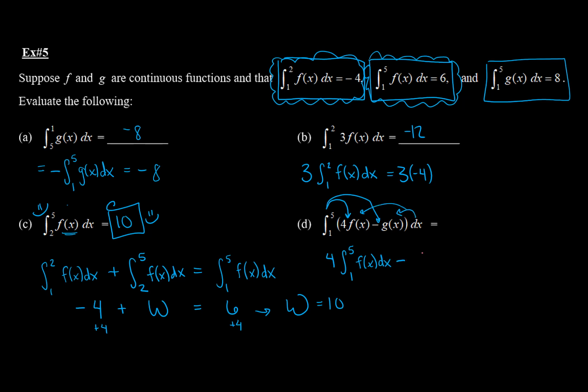I'm going to minus the integral from 1 to 5 of g of x dx. And then I'm just going to plug those values in. So 4 times the integral of f of x from 1 to 5 is going to be 4 times 6 minus, and then this one's going to give me 8. So 24 minus 8, and that's going to give me 16.